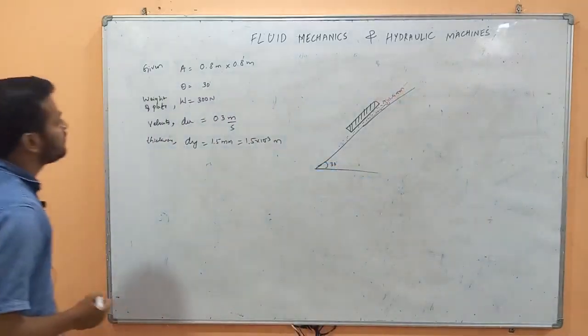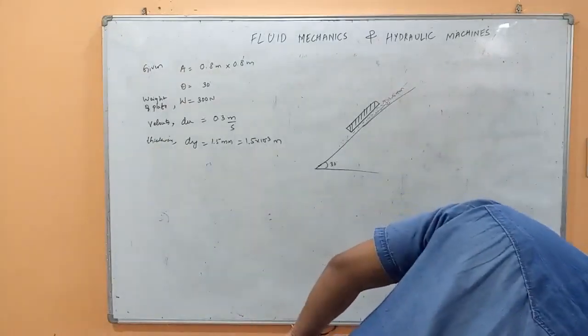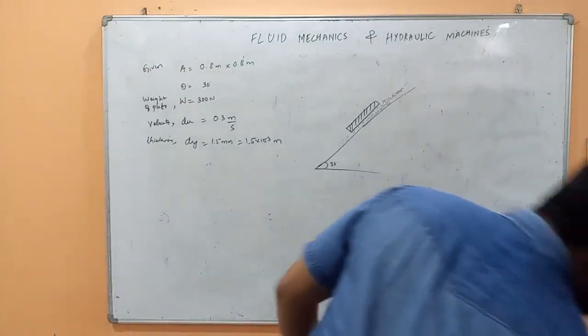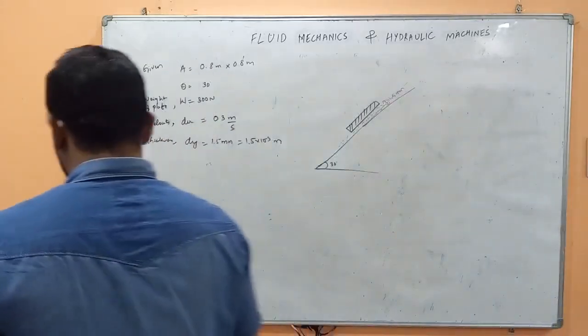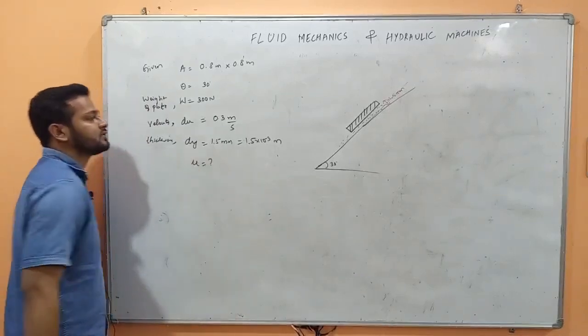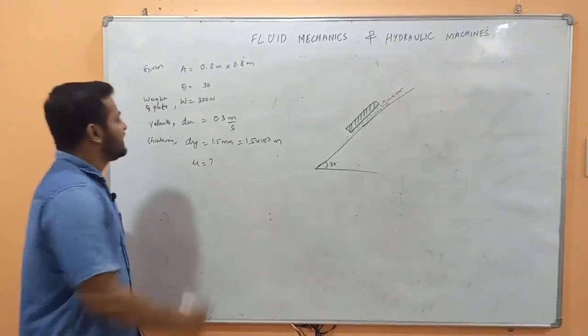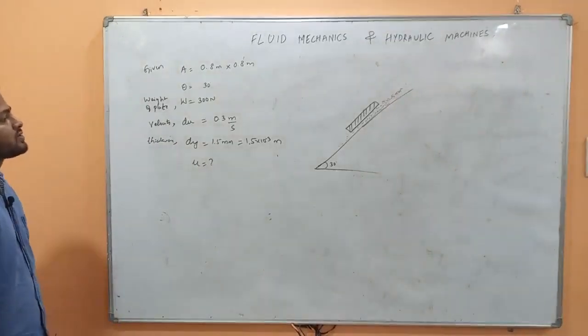What we have to find out? Velocity gradient? No, dynamic viscosity, mu. We have to find out mu, viscosity, if this plate is moving with a velocity of 0.3 meters per second. The weight of the plate is given in the question.